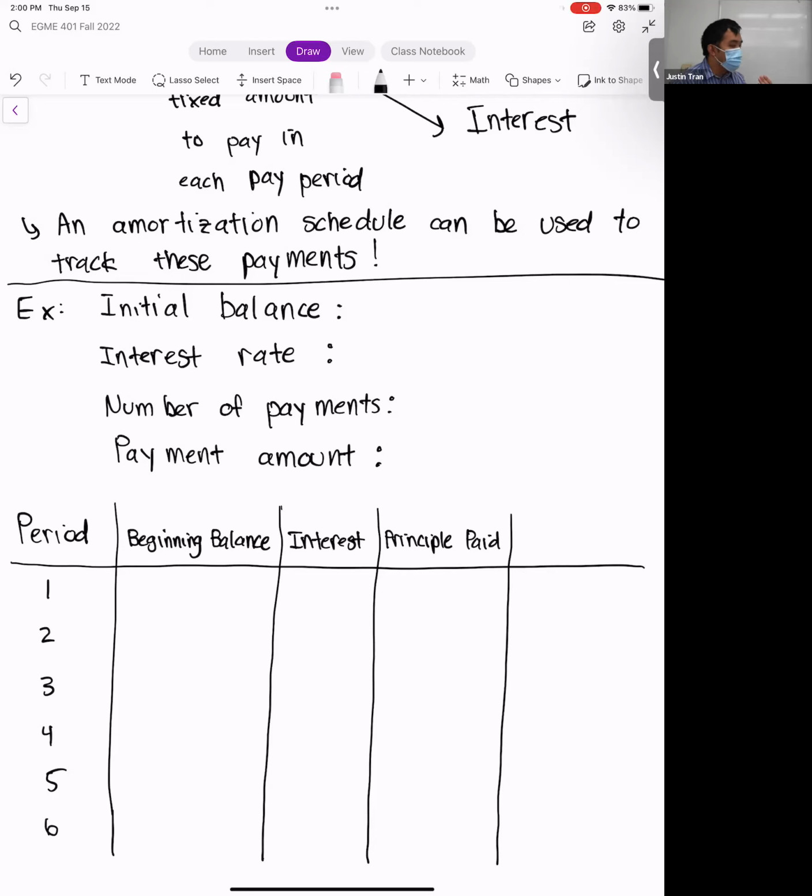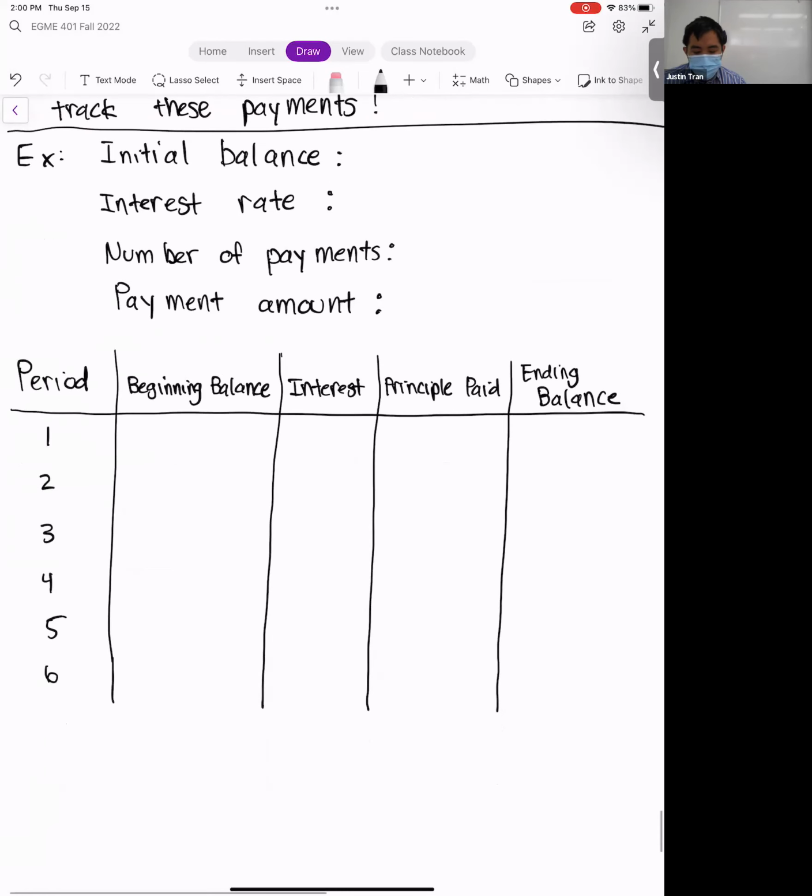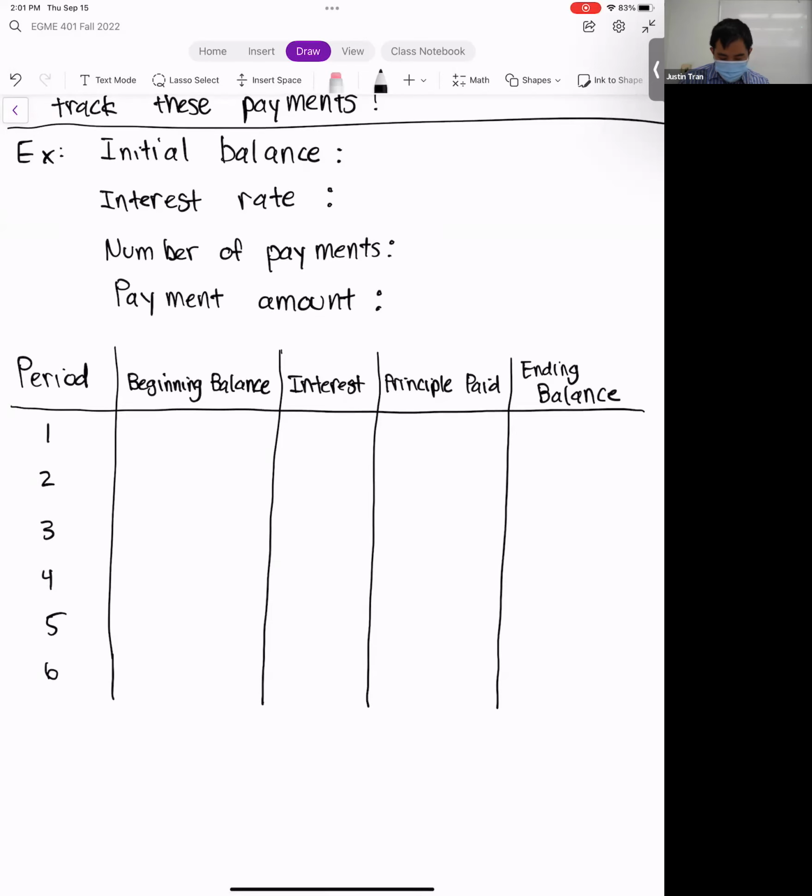That's what we call the principal paid. Then once you know how much of your loan you're paying back that period, you can compute how much money you still owe on the loan. That's called the ending balance. And that's kind of how it looks.